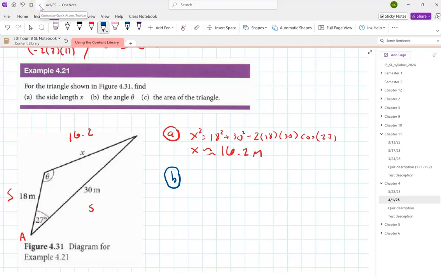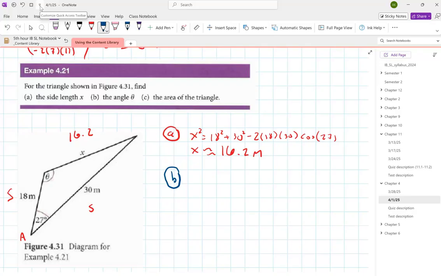So I could use either the law of sines or the law of cosines, right? Because I have that additional piece of information that now makes this a situation where I could treat this as an SSA case or an SSS case. It doesn't really matter. You guys agree with that?